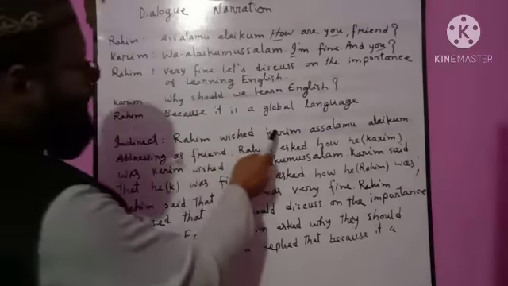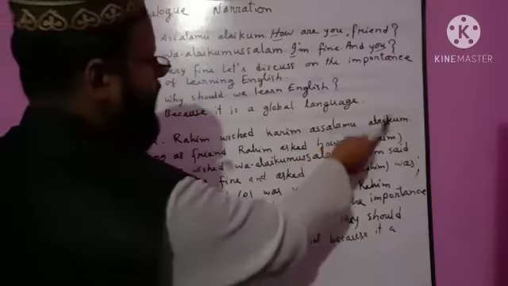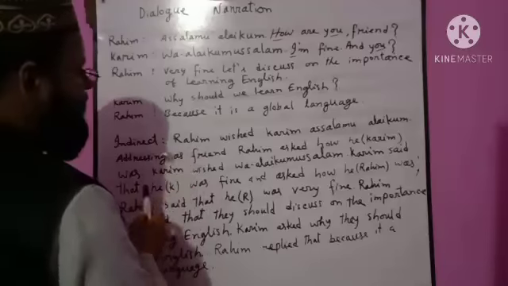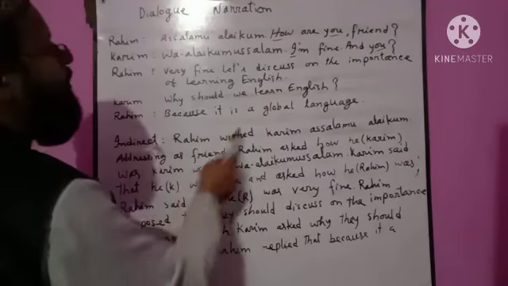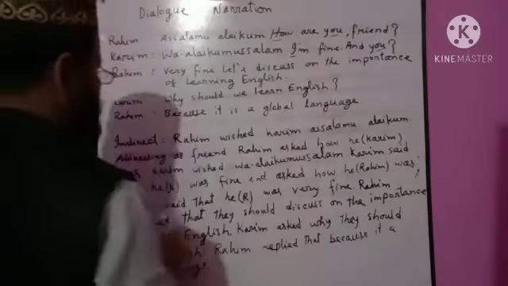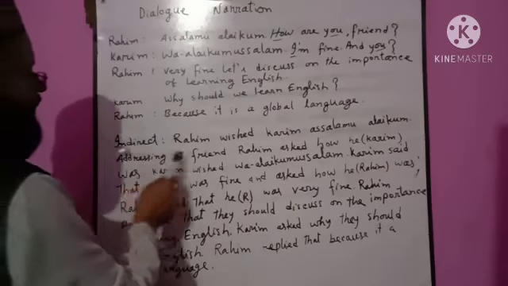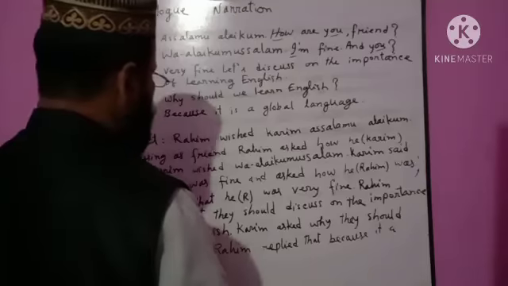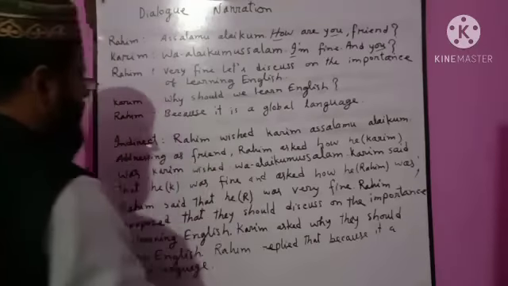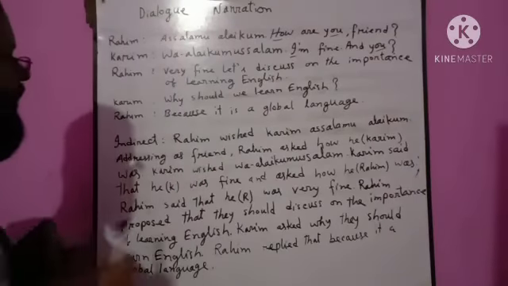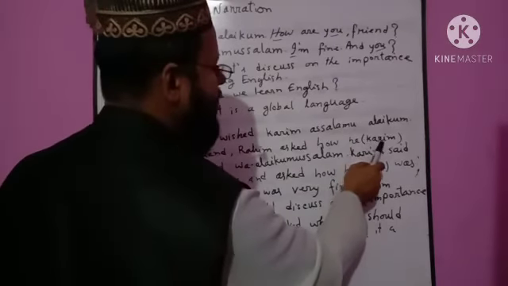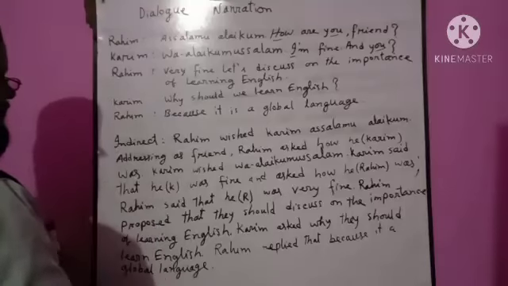Rahim wished Karim Assalamu alaikum. Addressing as friend is a vocative case. So we use addressing as friend. We can use a comma here. Addressing as friend, Rahim asked how he, meaning Karim, was.